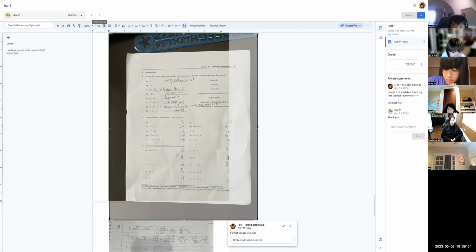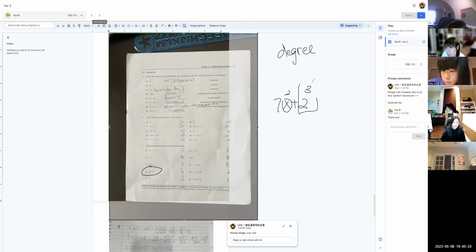Okay, so let's take a look at this one. So determine the degrees, okay? So Graciana, very good. Okay, almost everything is right. Only this one, 7x squared plus 2 power 3. Okay, so everybody, when we're talking about power, 当我们在说这个 degree of a polynomial 的时候，我们只看 variable 的，因为2的三次方其实不存在，it's actually 8.